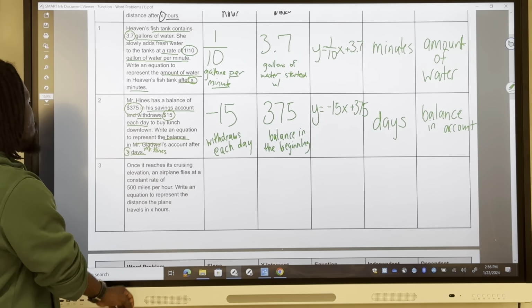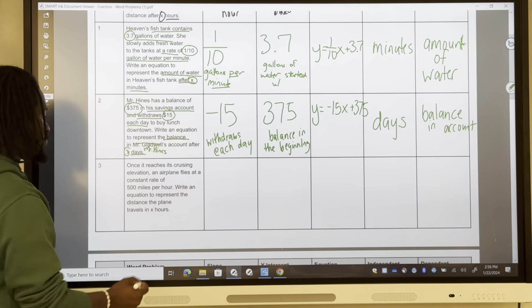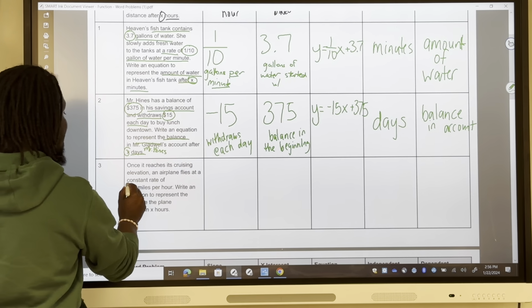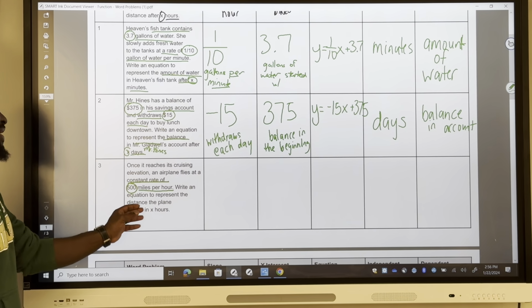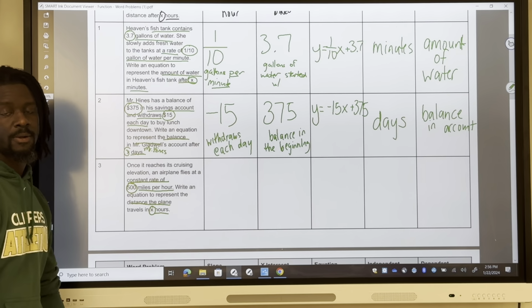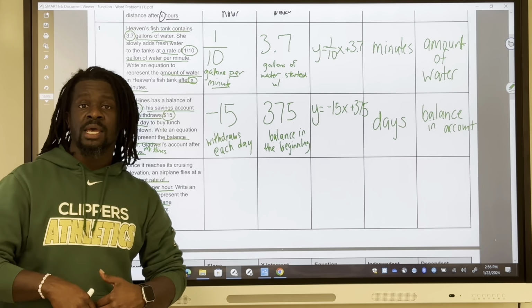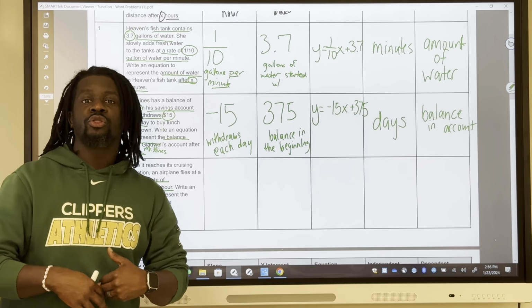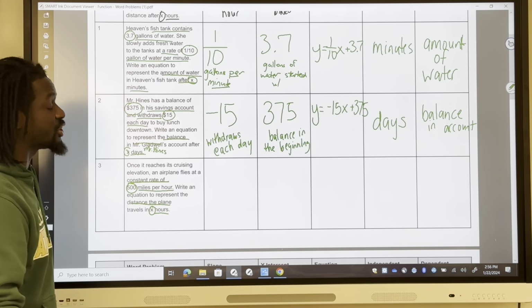And so it says, once it reaches its cruising elevation, talking about an airplane, it flies at a constant rate of 500 miles per hour. Write an equation to represent the distance that the plane travels in x hours, okay? So, again, our slope is the rate of change, how often the airplane's altitude or elevation is changing, okay?